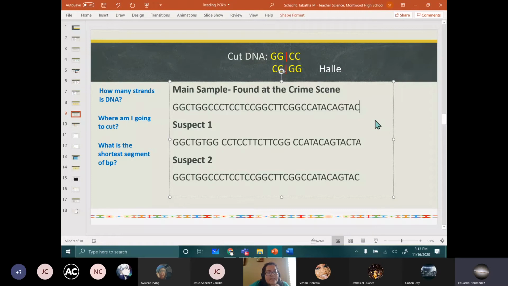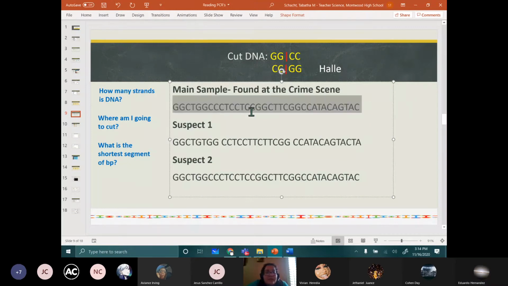Once again, does DNA have 1 strand or is DNA made up of 2 strands of genetic information? It's made up of 2. Very good. That's why it's called a double helix, because 1 strand goes this way, the other strand goes this way. It's called a double helix because you have 2 strands of DNA.